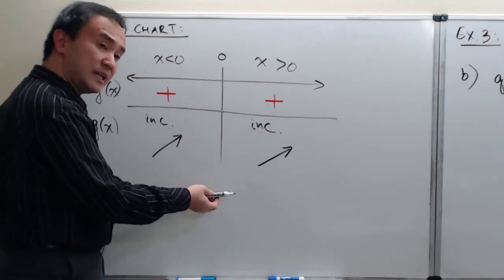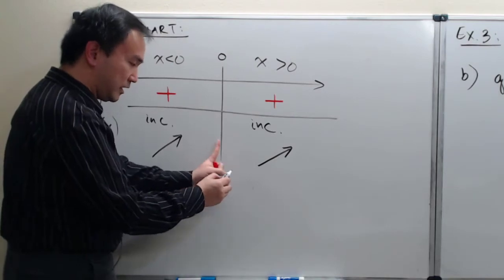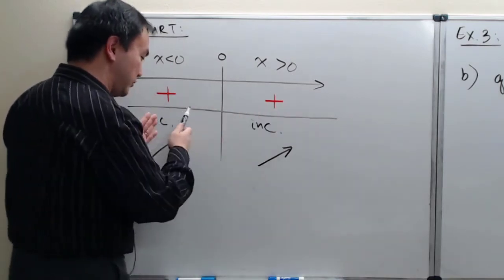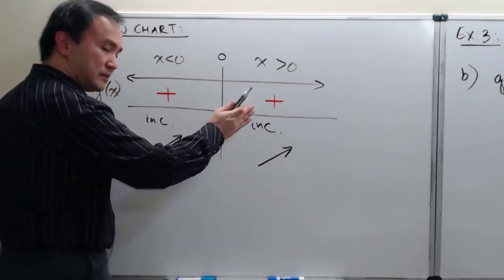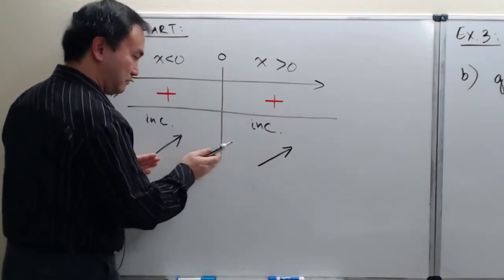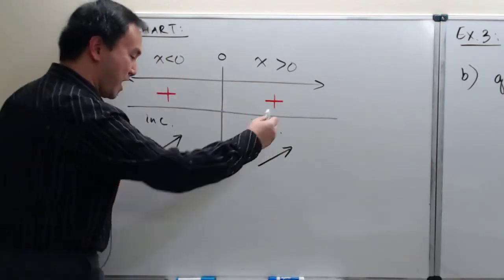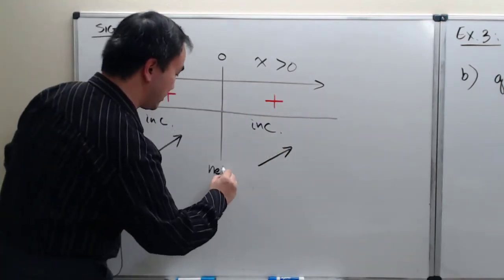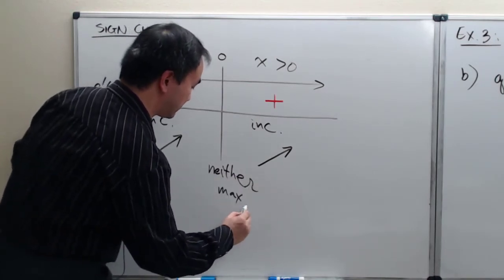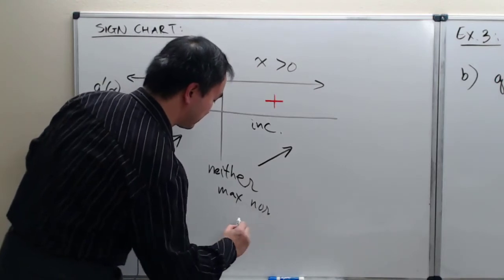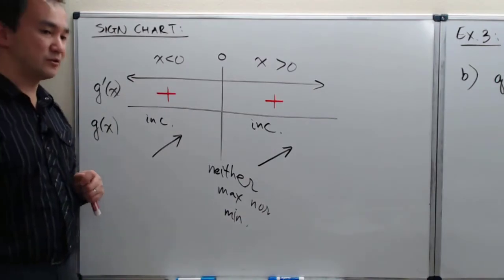But this is neither, because even though we have a critical value that breaks our entire line into two separate intervals, the two intervals are both rising consecutively. So our conclusion for this critical value is that it is neither a maximum nor a minimum.